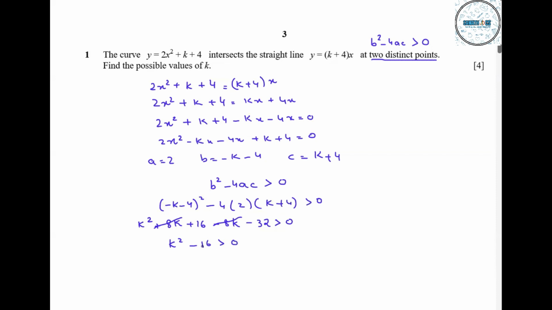In inequalities, we cannot take the square root, so we will apply here a square minus b square is equal to a minus b, a plus b. So k square minus 4 square is greater than 0. So we have k minus 4 and k plus 4, which is greater than 0.